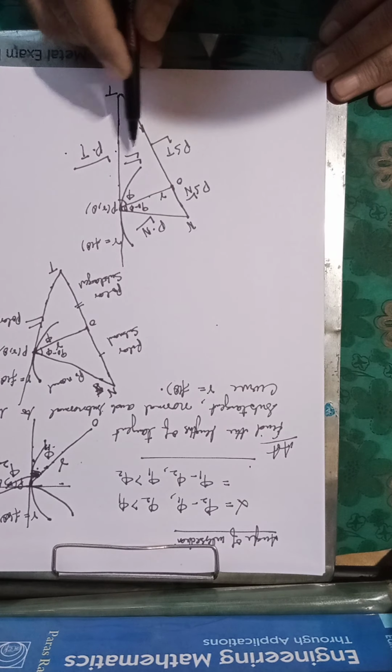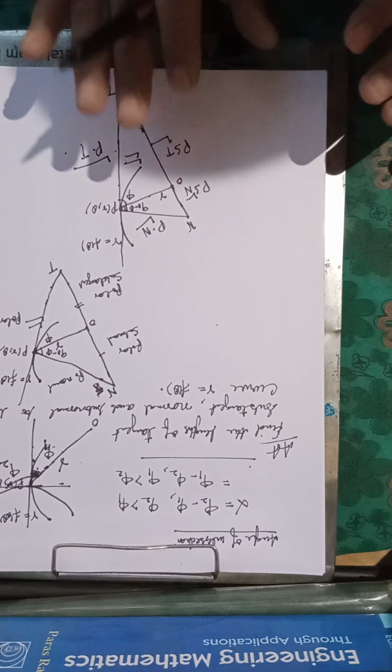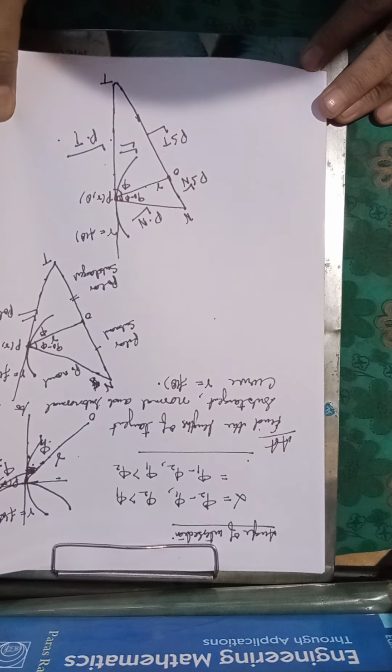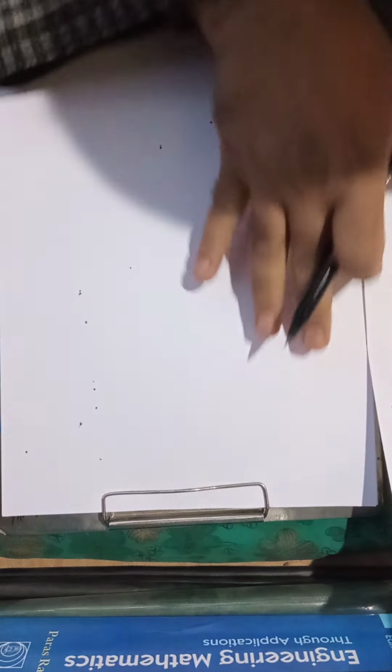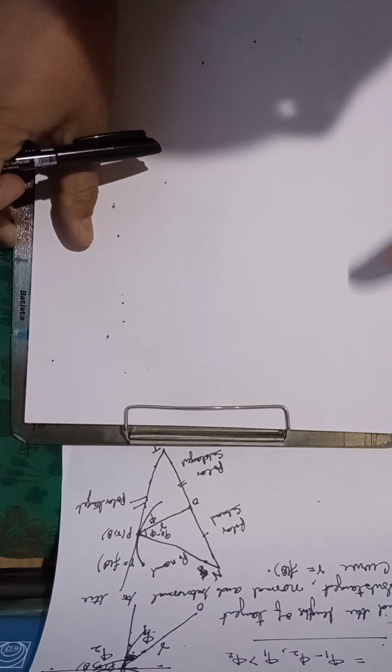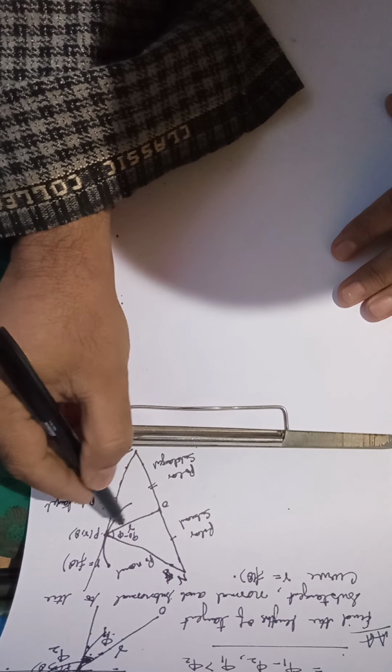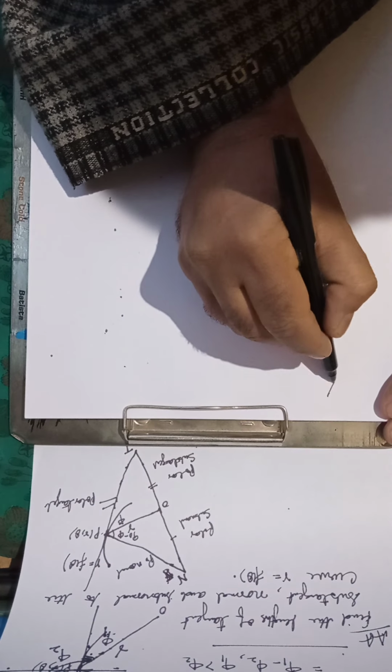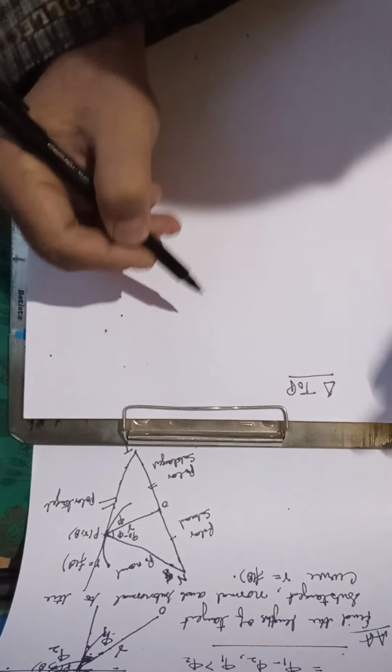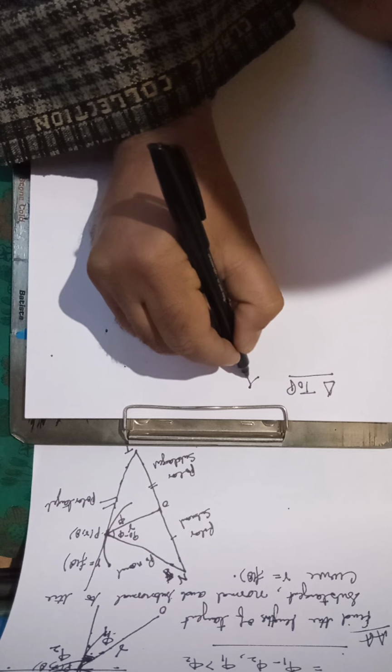From this triangle, let me find sine phi and cos phi. From triangle TOP, what is sine phi?